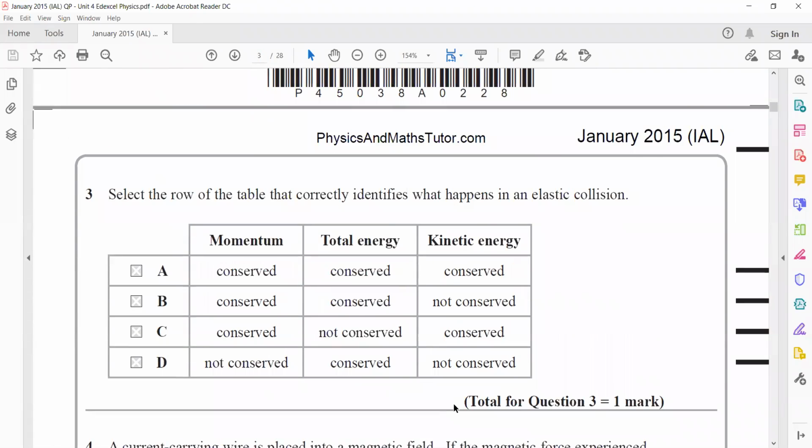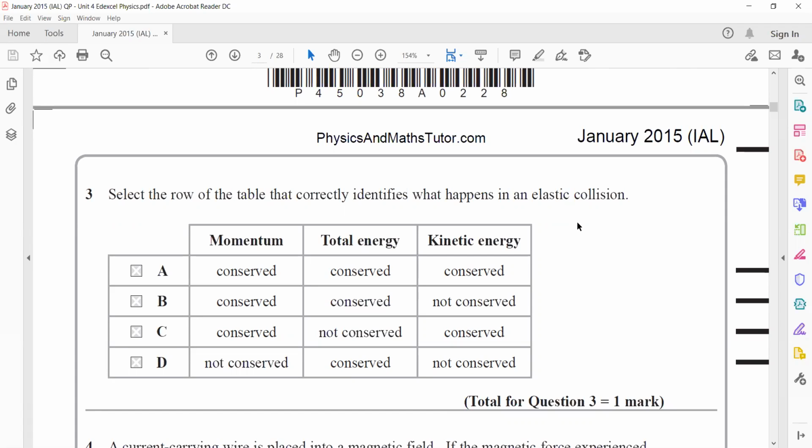Question 3, what could be the answer? Select the row of the table that correctly identifies what happened in an elastic collision.